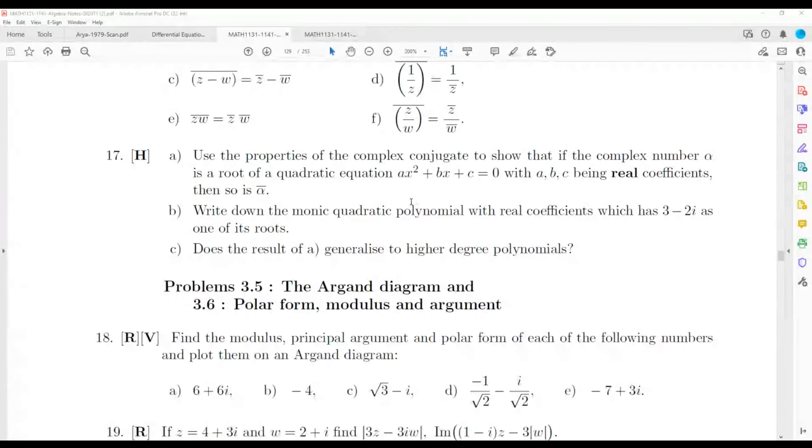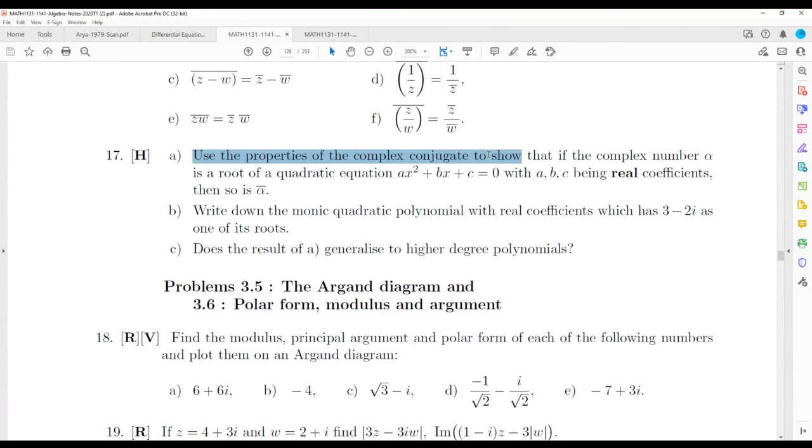And I thought 17 was an interesting question. So this will be the last question we do. It looks hard, but actually it's not too difficult once you know what to do. I think the hard part with this question is getting started. So let's spend a couple of minutes doing this one, and then we can finish the lesson.